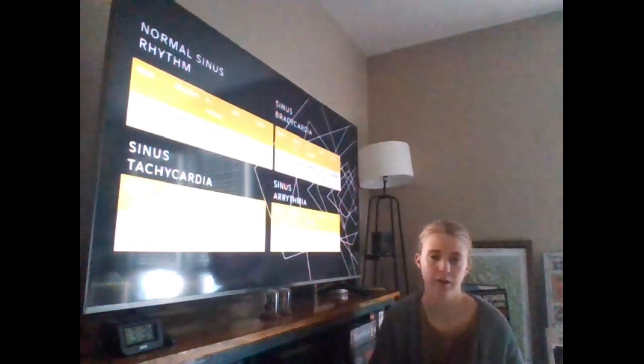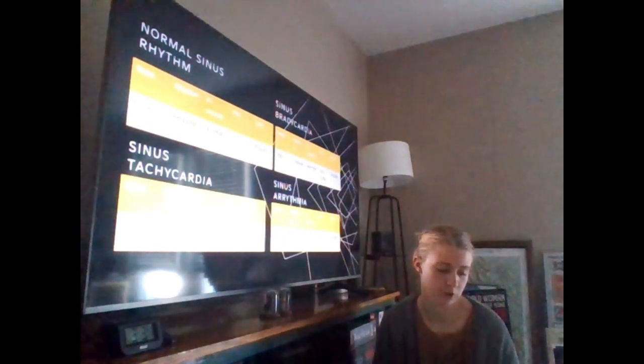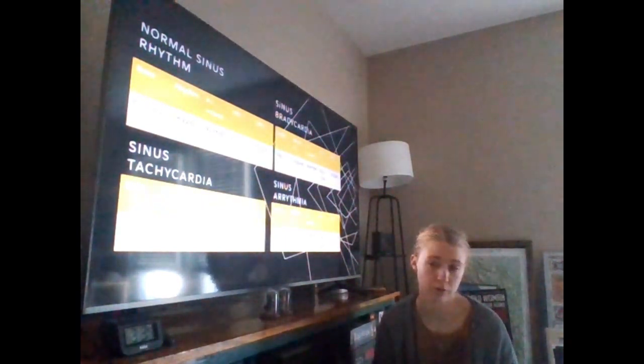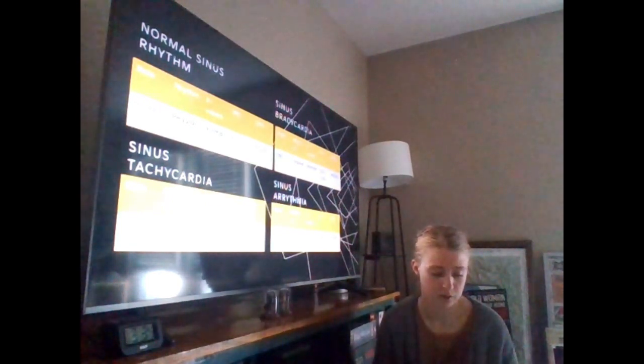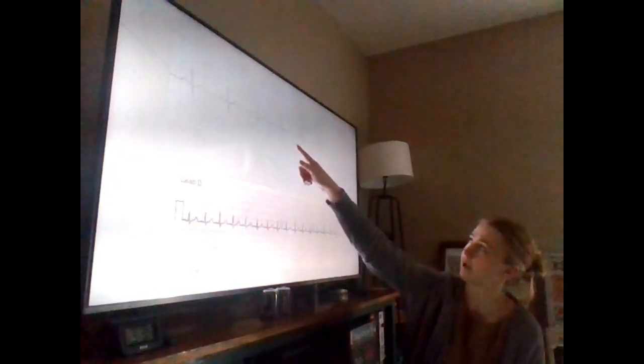Your PR interval is that normal between 0.12 and 0.20 seconds, and your QRS has its normal morphology, which is less than 0.10 seconds. And it will look like that.